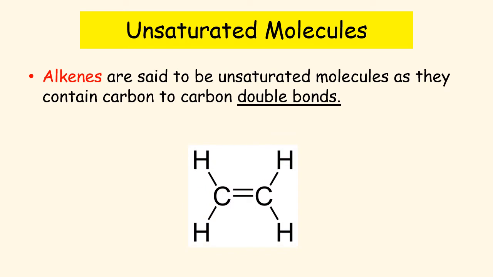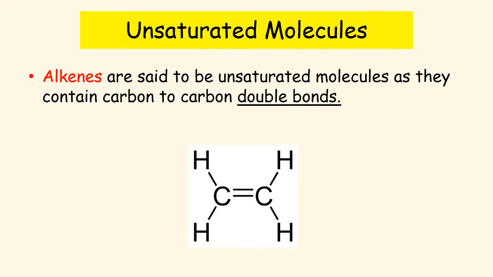On the other hand, if you contain even just 1 double bond between 2 carbon atoms, you are described as being unsaturated. And so alkenes are an example of unsaturated molecules as they contain carbon-to-carbon double bonds.